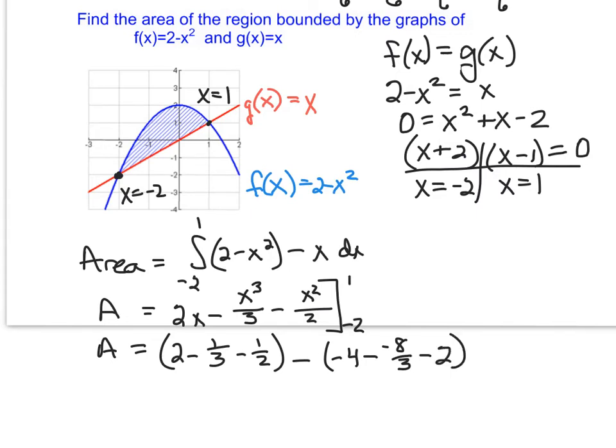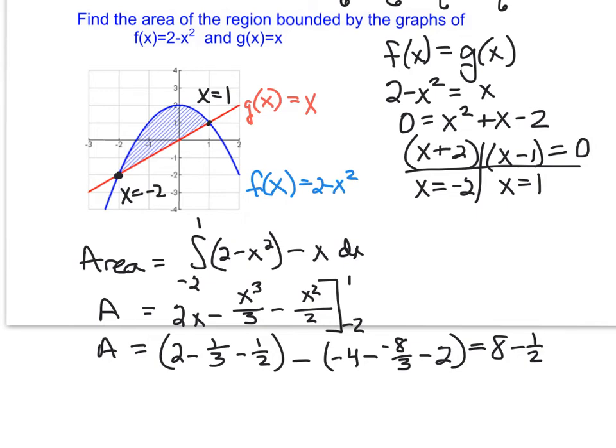So just real quickly doing these calculations, I'm getting 2 plus 4 is 6, plus 2 is giving me 8 for the whole numbers. For the fractions, I've got a negative 1/2, then I've got a negative 1/3 minus, subtract, a negative 8/3.